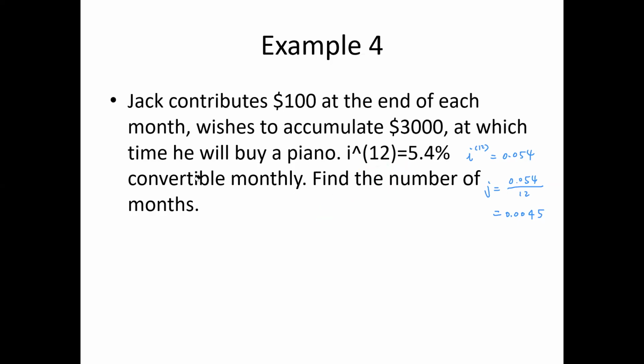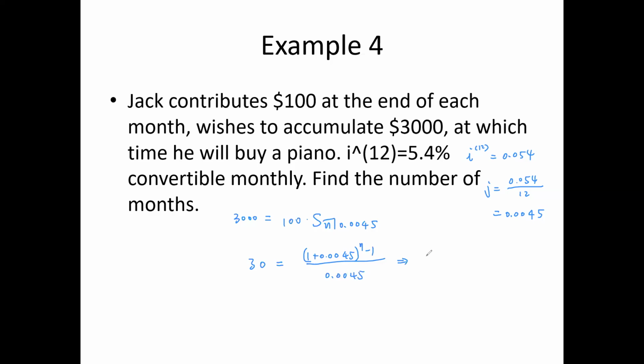We're looking for the number of months. Accumulated, so $3,000 equals $100 at the end of each month for s angle N. N is what we are looking for, and we have j equals 0.0045. So I have 30 equals (1 plus 0.0045) to the N minus 1, over 0.0045.